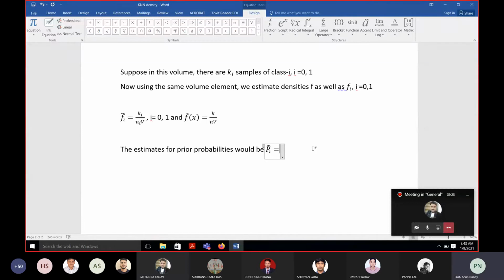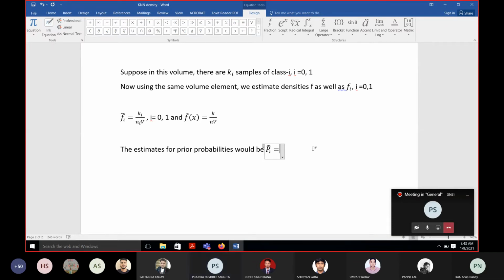You have this capital N, I mean small n samples. Total sample is small n, and for the ith class you can have some other number of samples. Then how do I write it? Sir, sample size for ith class by total number of samples.